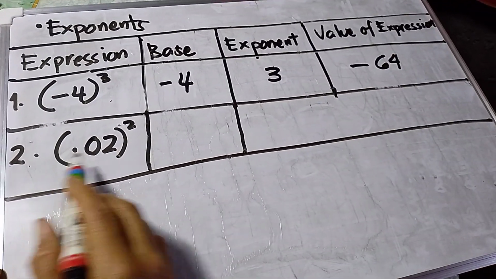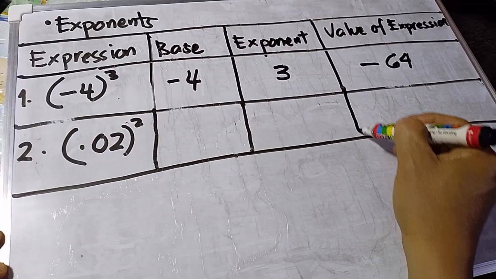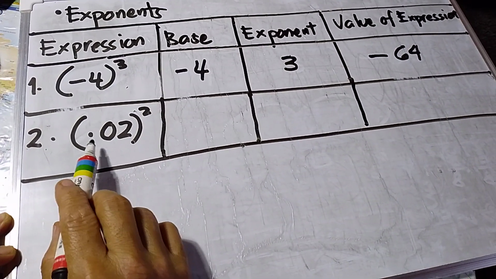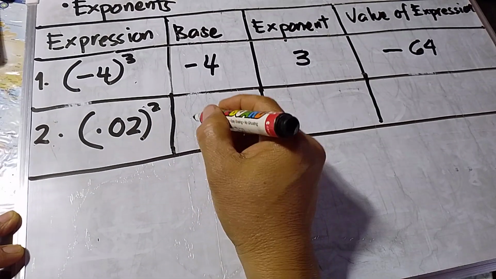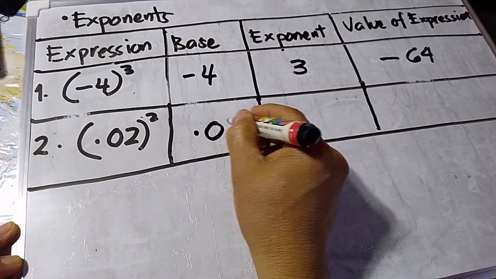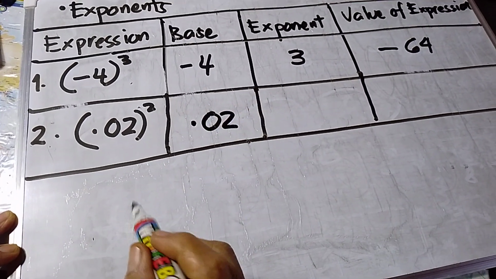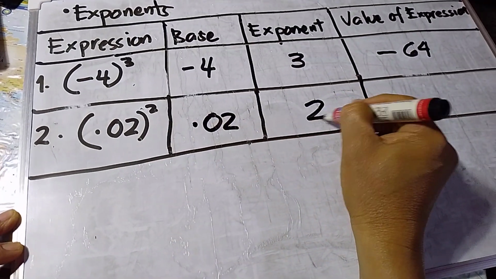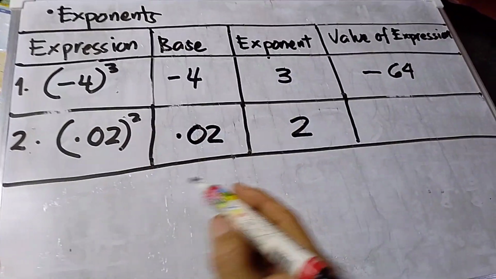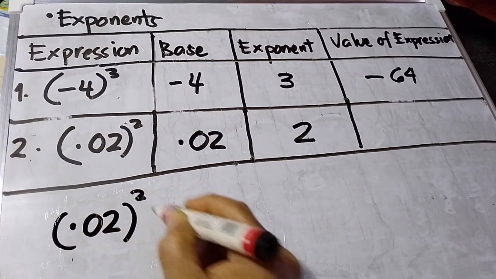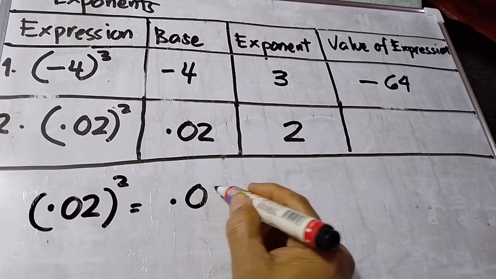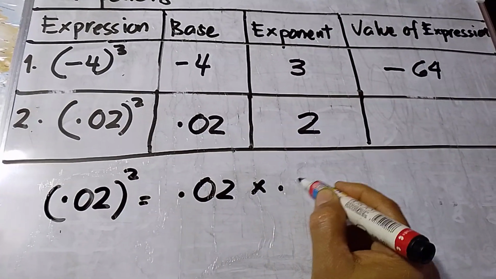Since this is positive, so no problem. So we have now 0.02 to the power of 2. Now the question, what's the base? The base is 0.02. And then what's the exponent? This is 2. Now the value of expression, we have 0.02 squared, meaning 0.02 times 0.02.